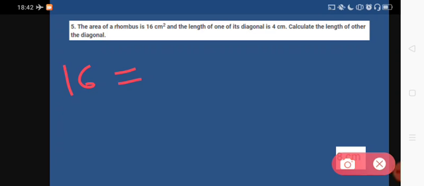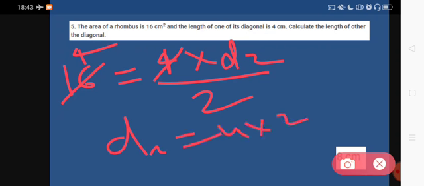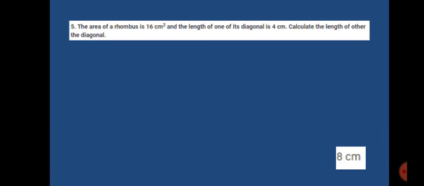First diagonal is 4 into, second is not given, suppose d2, upon 2. Cross multiply, d2 is equal to 4 into 2, so the second diagonal is 8 centimeter. Okay, we will look at the next question.